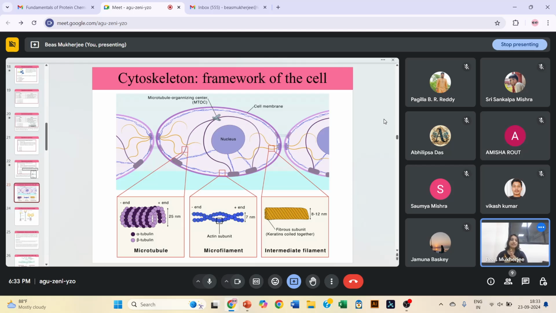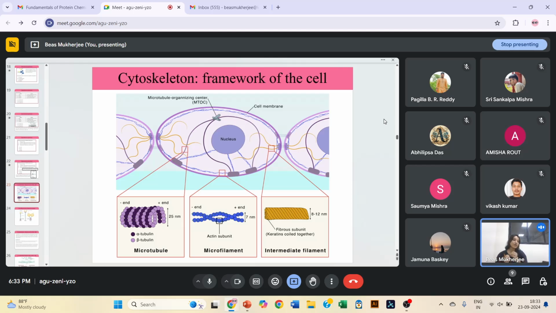The cytoskeleton is made up of 3 units. For example, there is microtubule, there are microfilaments, and there are intermediate filaments, which help in cell-to-cell connection. They are helping in cell division. They are helping in transport of substances across the cell and from one cell to another.